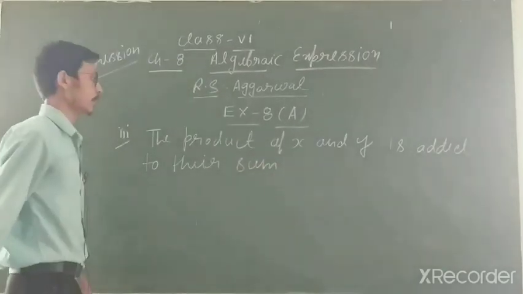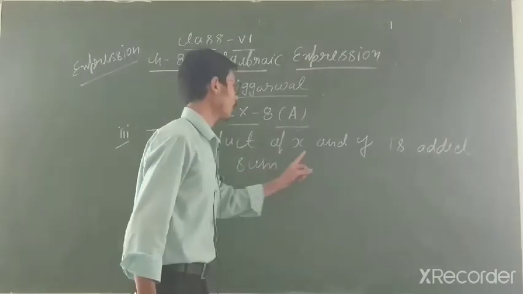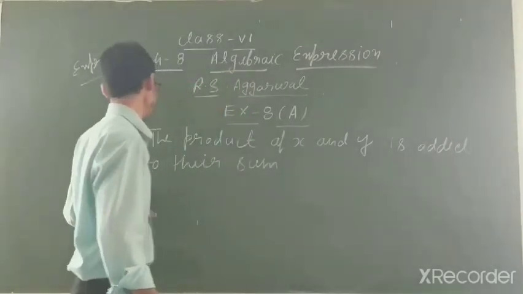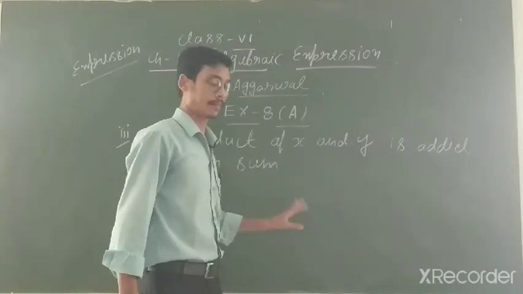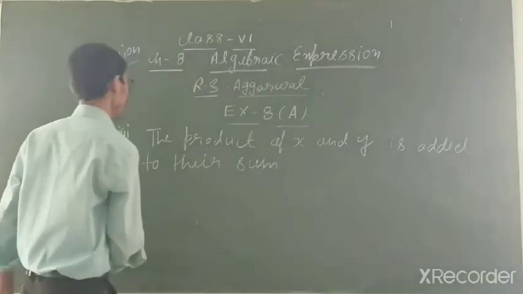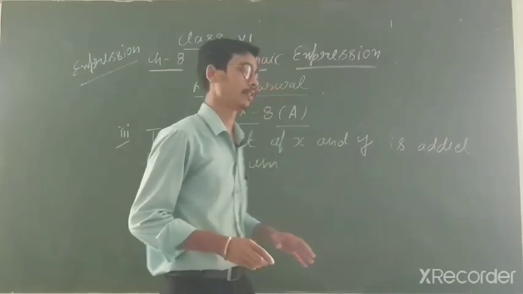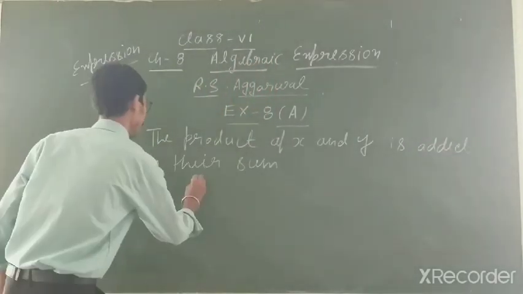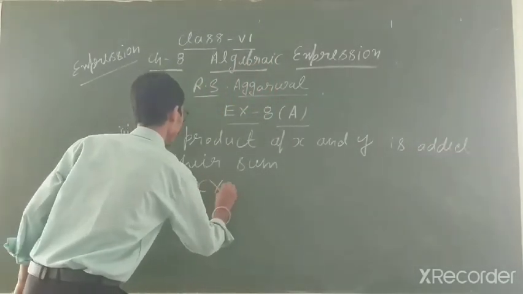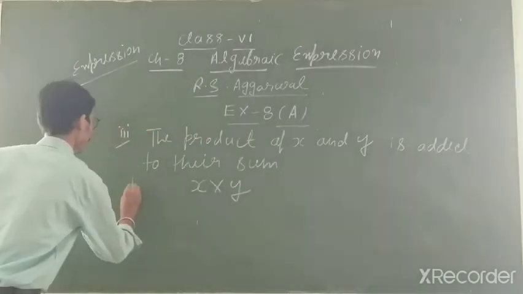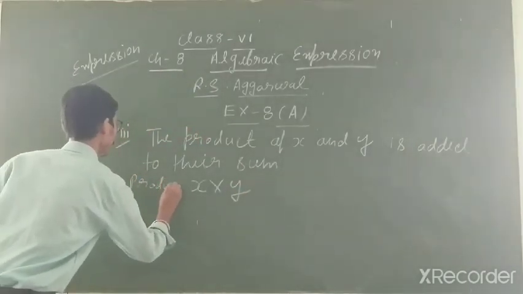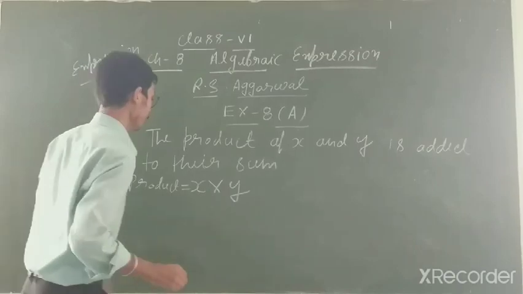Clear, student? So product of x and y, you know that. Product means the sign of multiplication. Yani product of x and y, yani x and y. This is our product. Product equal to x into y.